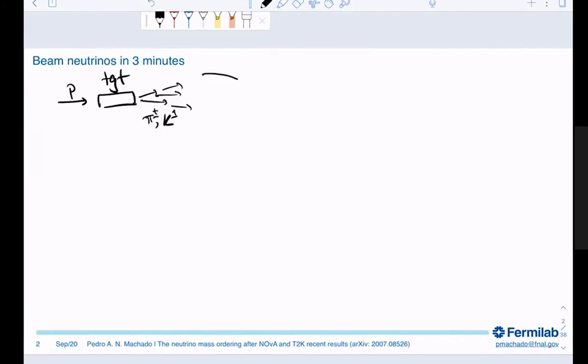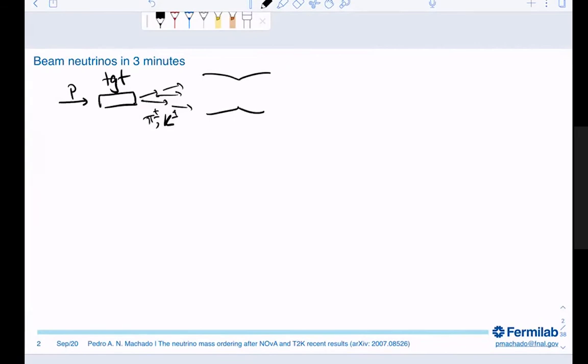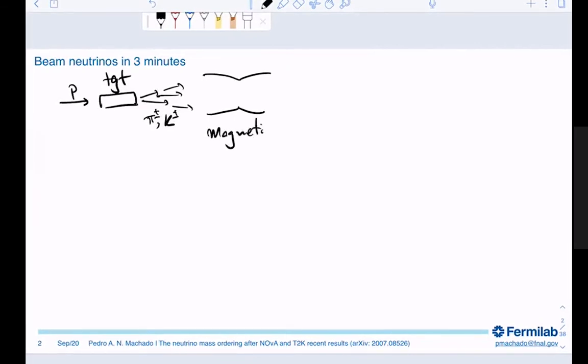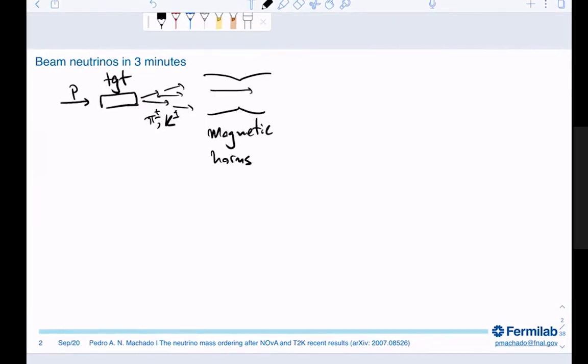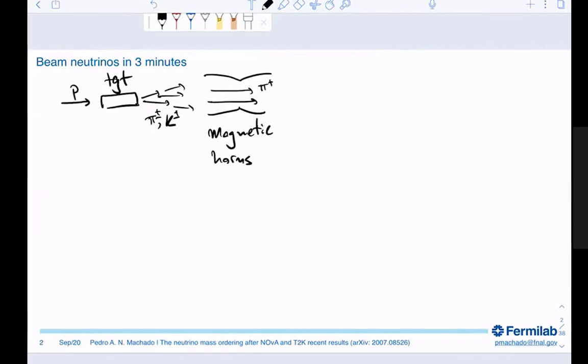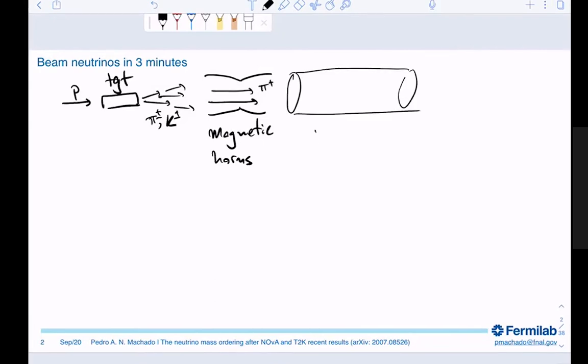To optimize things, you make a system, a magnetic horn system. And this magnetic horn system essentially focuses the pions that you want to be focused, say the pi pluses. Then they go through a decay pipe.